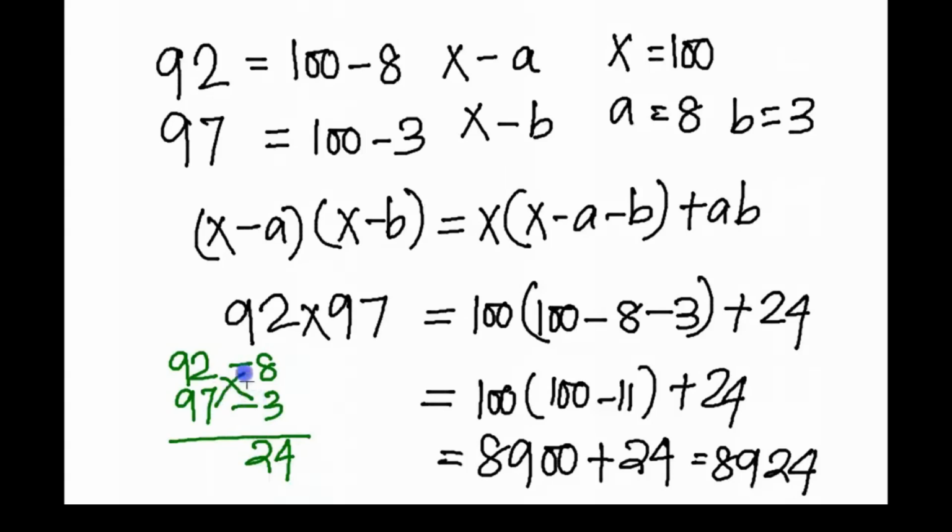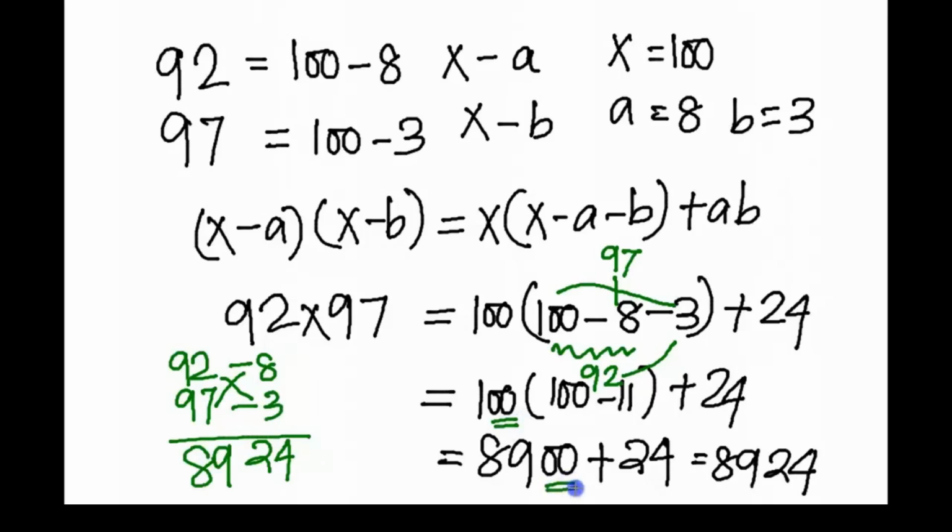Then we do a cross subtraction, 92 minus 3 or 97 minus 8. So this is how the cross subtraction we came to in this formula. Whatever you do, you land at 89.